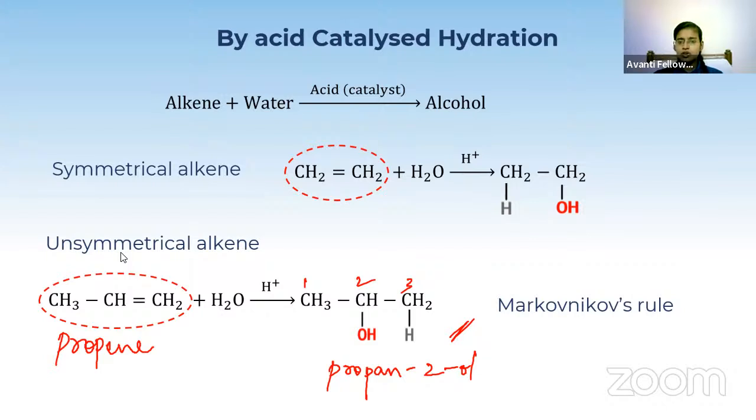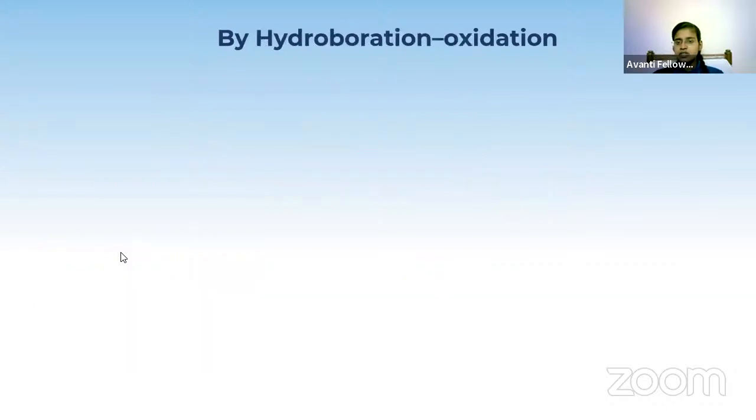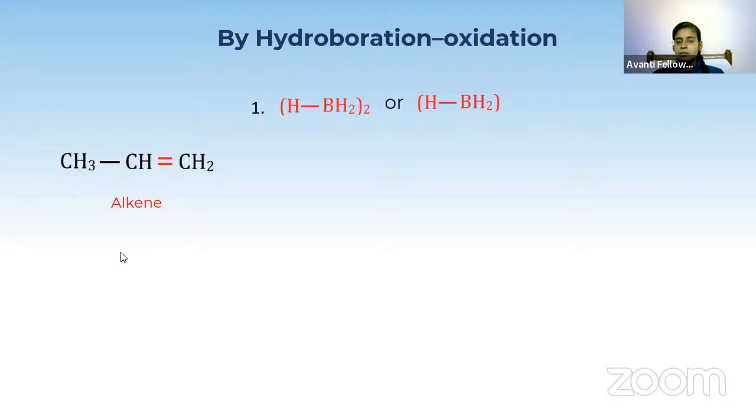Now let me go for the second type, which is hydroboration oxidation. Again, we are going to take alkene, but here the reagents are B2H6 or BH3.